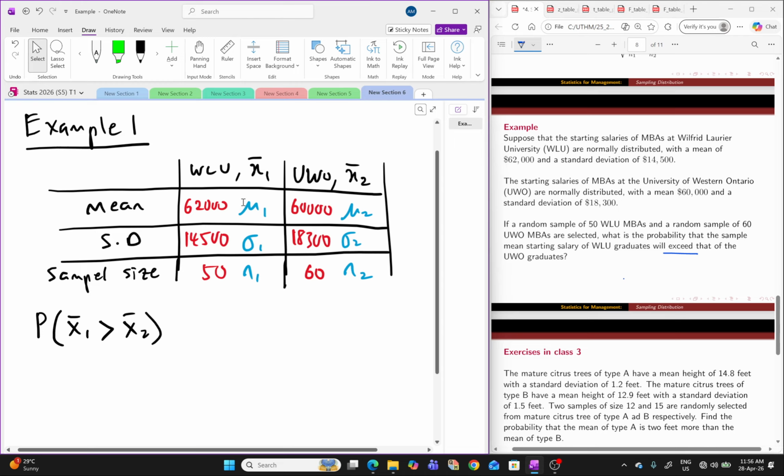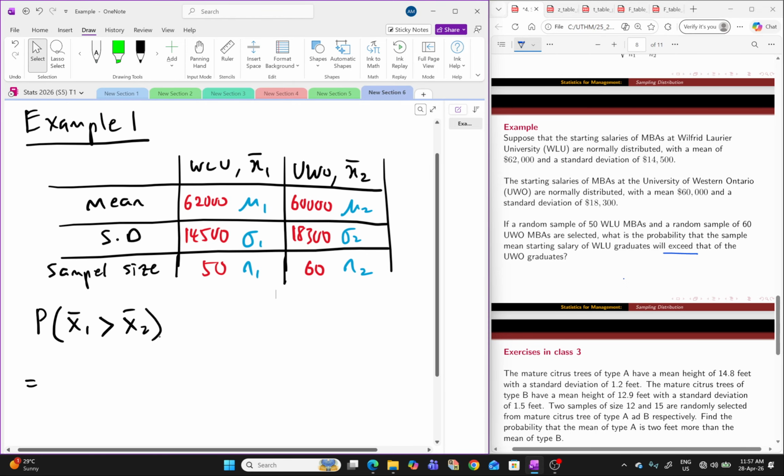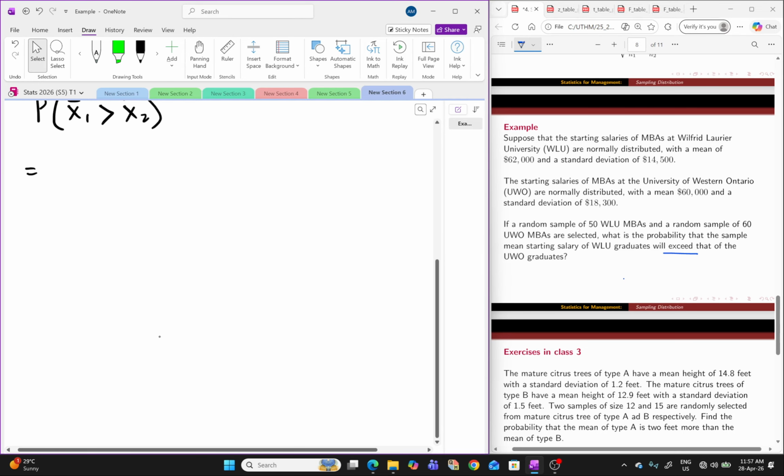And we know that the population mean for WLU is 62,000. Okay, purata. And the standard deviation is 1. And somewhere told UWO. With this information, we are going to compute the probability that yang WLU ni melebihi UWO. Ni dah salin, okay. We're going for this one.